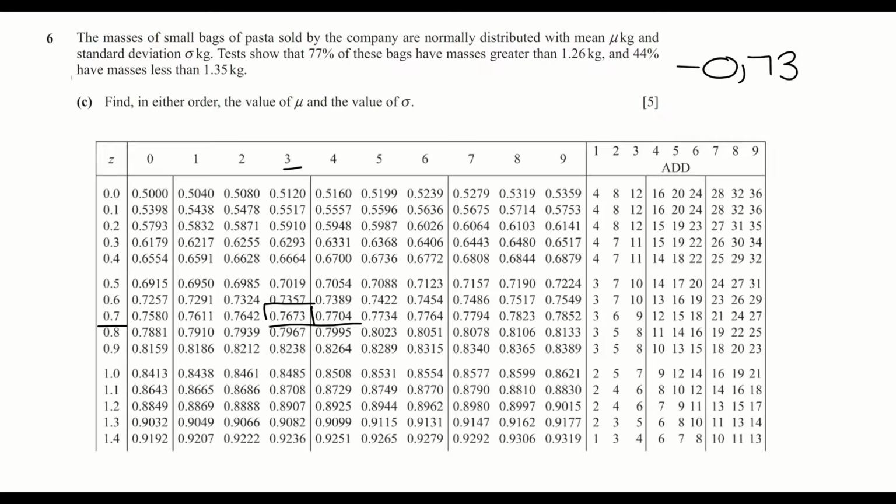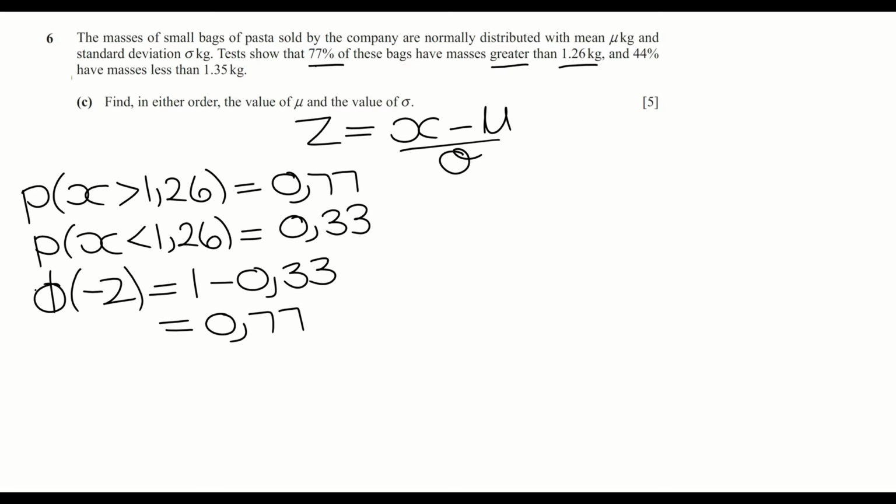But we need to add another 27 onto here to get 0,77. So in our final column, let's find 27 over there, which means we add 9 to our z score, and z becomes negative 0,739. Let's make a note of this over here. Z is equal to negative 0,739. Now we have a value for z and a value for x.